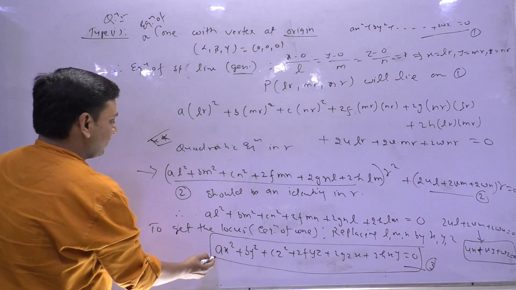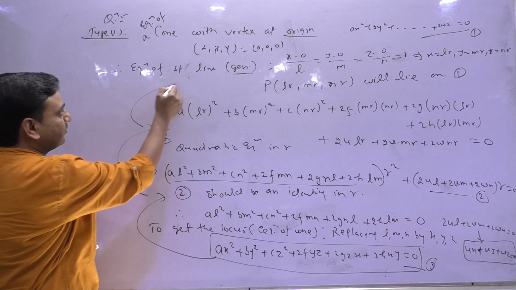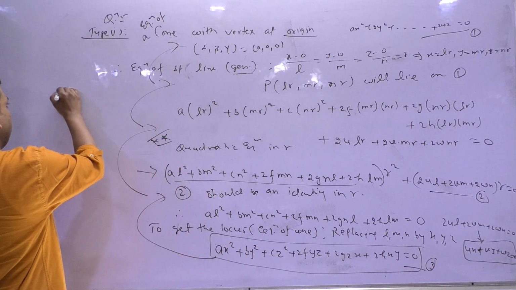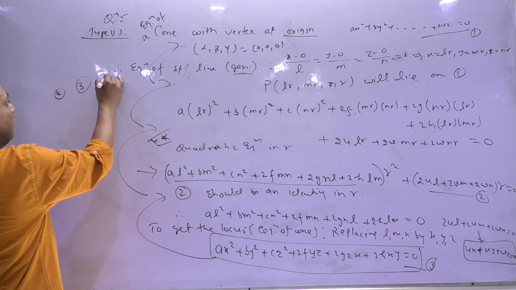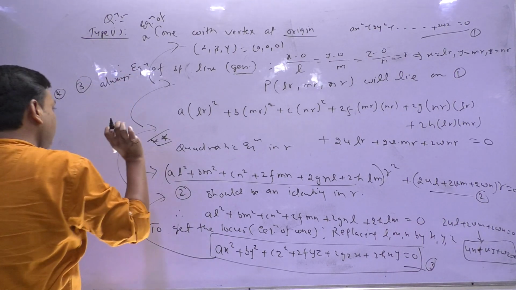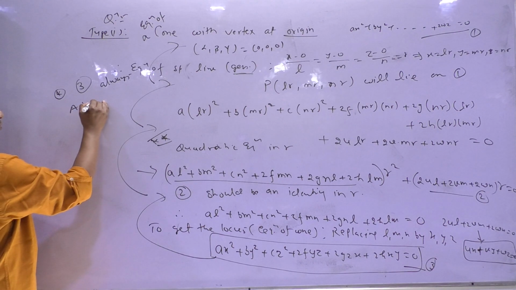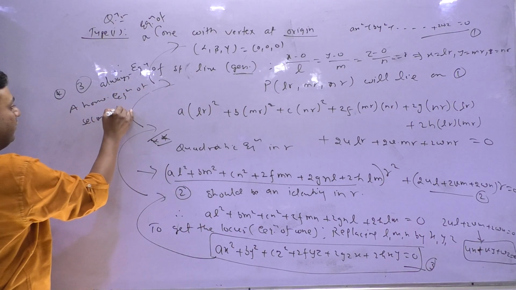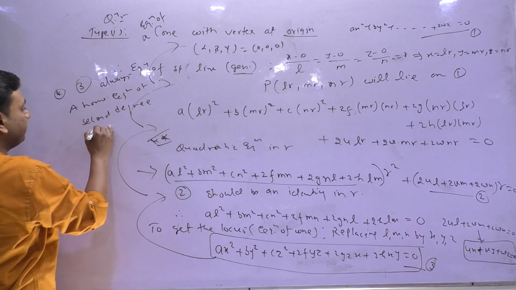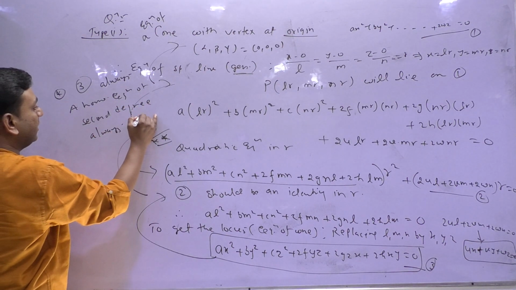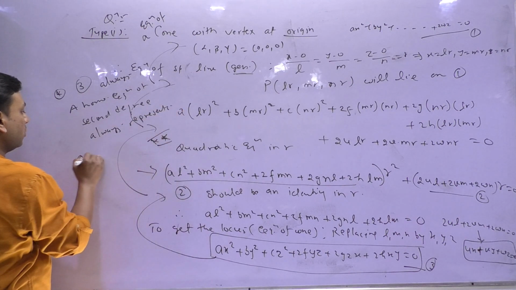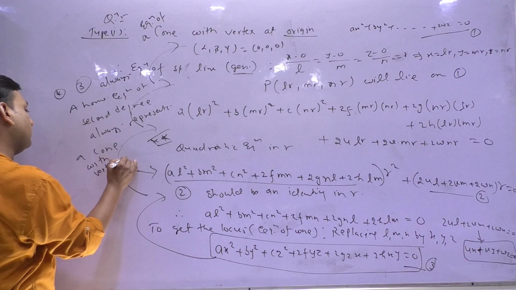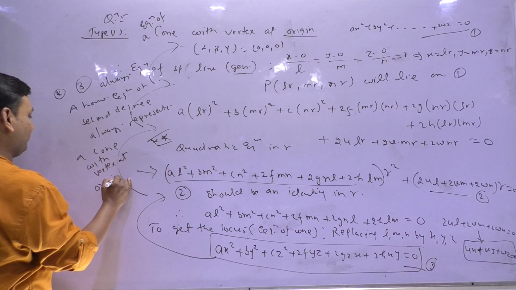And please notice this point: equation 3, a homogeneous equation of second degree, always represents a cone with vertex at origin.